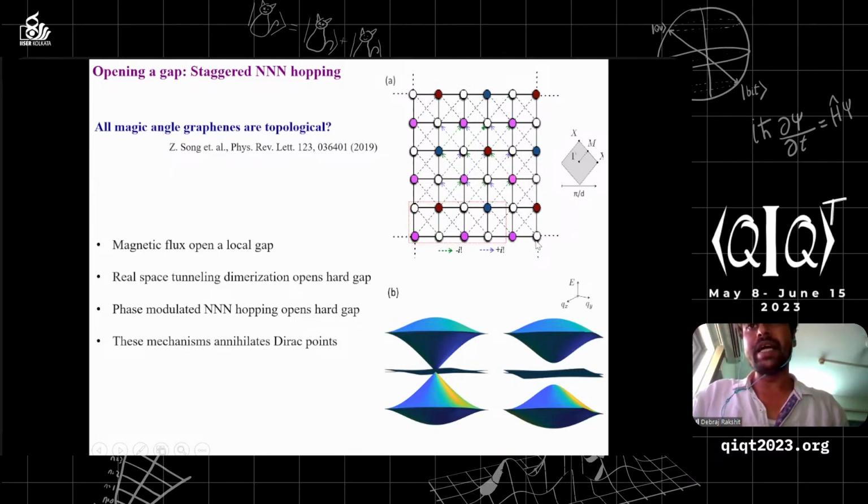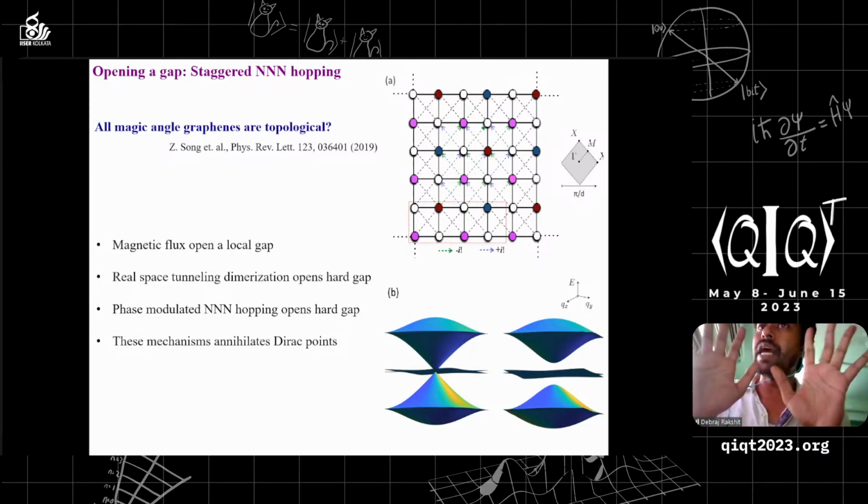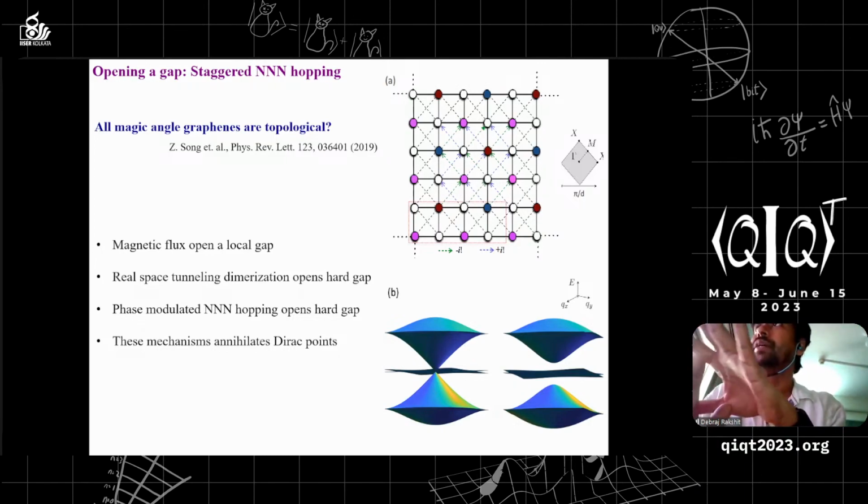These pink sites, I will put some on-site potentials, and I will also introduce next nearest tunneling, but with a complex, direction-dependent phase. We have also discussed how to experimentally implement this kind of thing. We have proposed that, but I will not go into that.